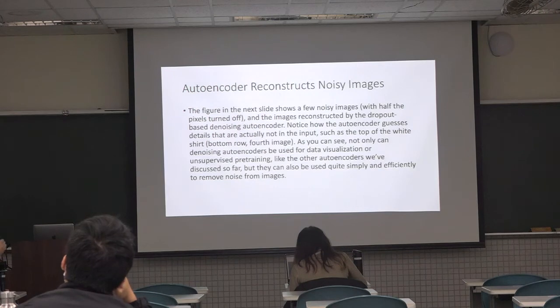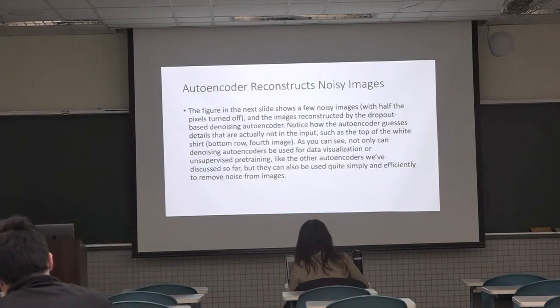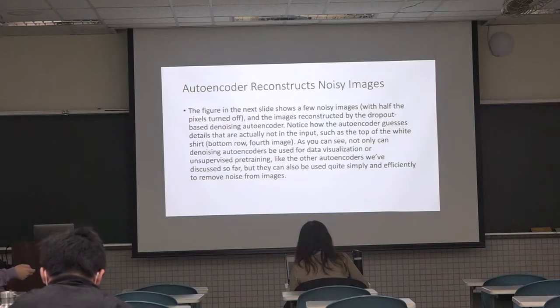We can see in the figure on the next slide the images which get half of the pixels dropped off, and that input will be reconstructed by our denoising autoencoder.